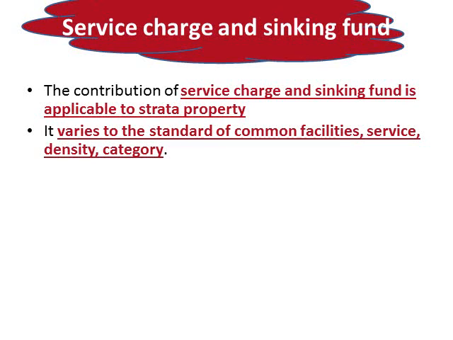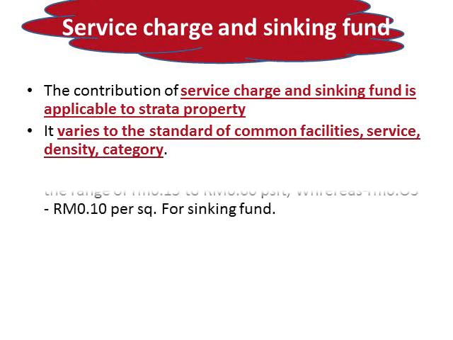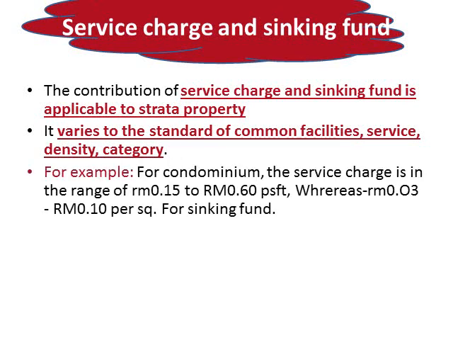For example, for a condominium, the service charge is in the range of 15 to 60 cent per square feet, whereas the sinking fund is 3 cent to 10 cent per square feet.